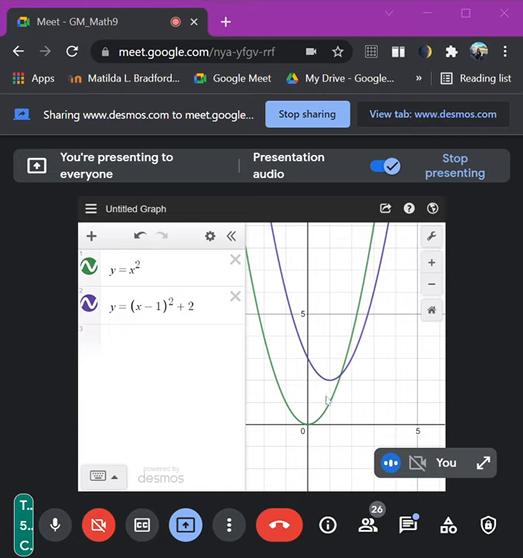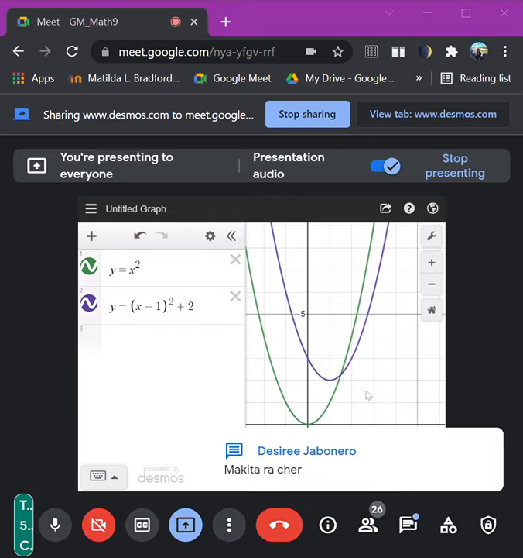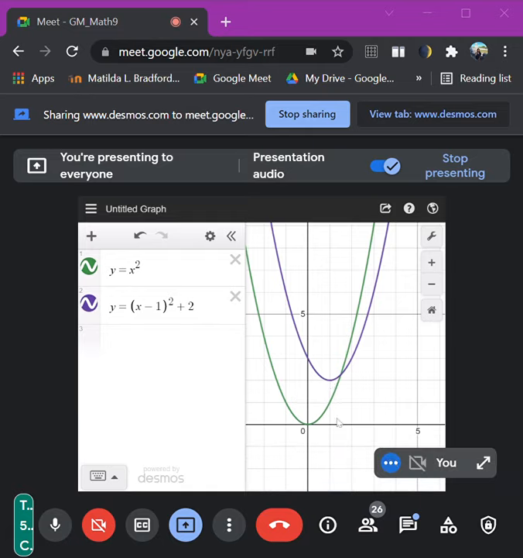And the k is 2, so it moved 2 units upward. So the h is 1, so to the right it moved 1, and the k is 2, so it moved up by 2. So you can see that there are changes when we change the values of k.